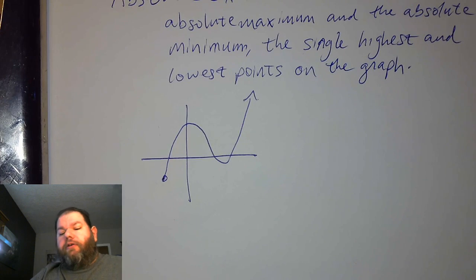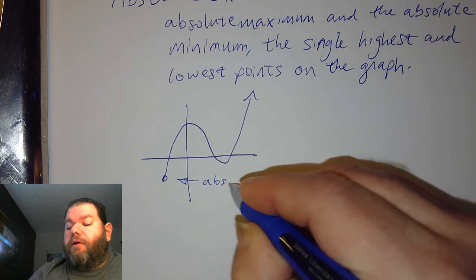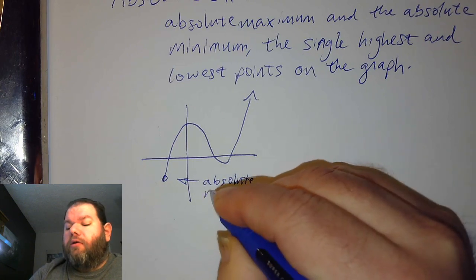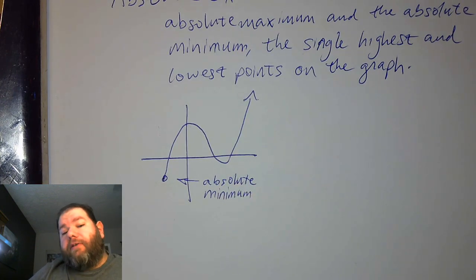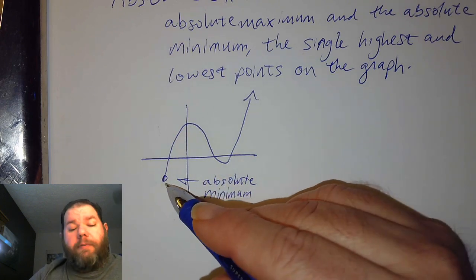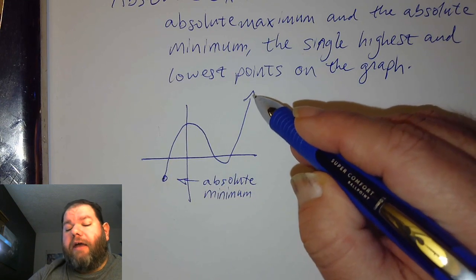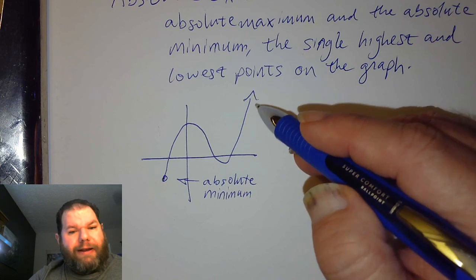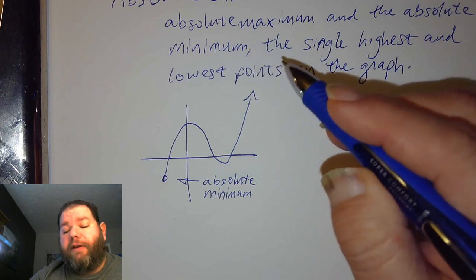Okay, so we look at this curve. Here we can say we have an absolute minimum, because that is the single lowest point on the graph vertically. This stops at a single point, and that's the lowest point on the graph. This one, because we have an arrow, and the arrow of course indicates it keeps going to the right and keeps going up to infinity.